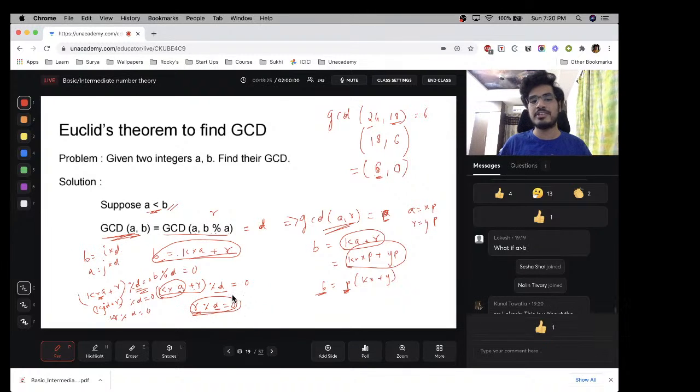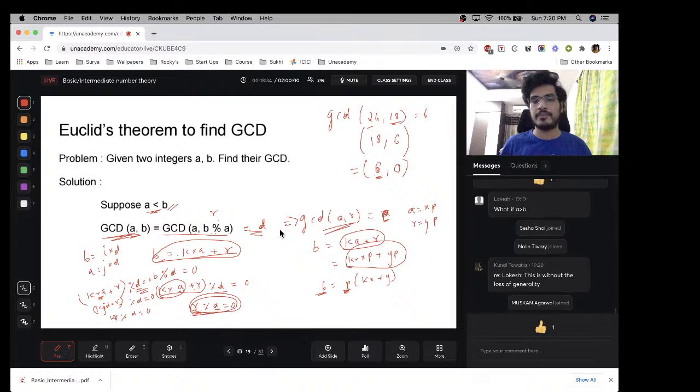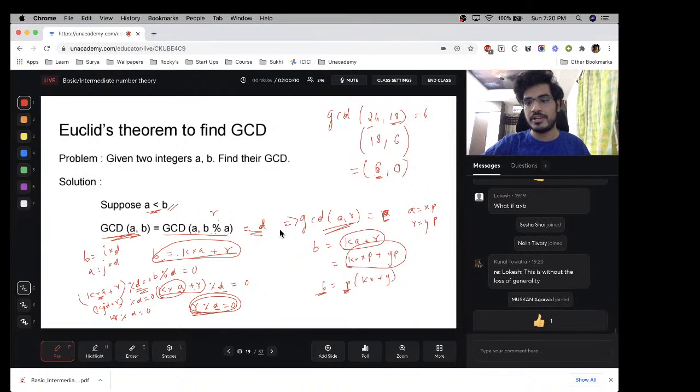So D is a divisor of R as well. So we get that GCD of A comma R is the GCD of A comma B. Let's go to the next slide.